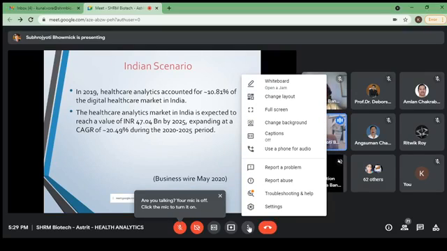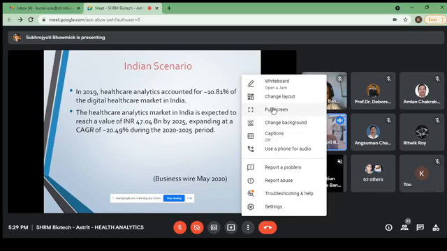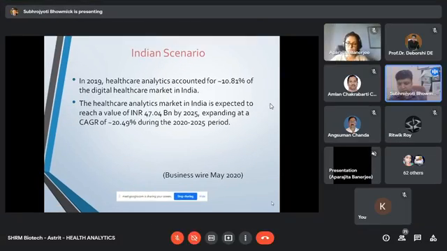For the students attending this program, it is extremely important for you to understand that there are job opportunities in the courses you are undertaking. In 2019, healthcare analytics accounted for 10.8% of the digital healthcare market in India, and the digital healthcare market has grown leaps and bounds in the pandemic.